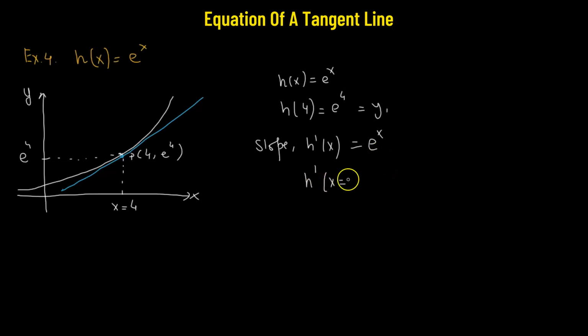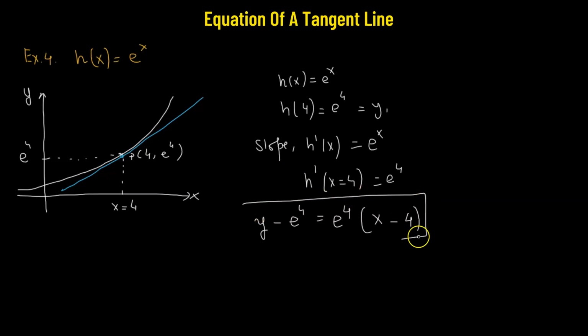So at x equals 4, we have e raised to the power of 4. So the equation of the tangent line will be y minus y1, so this is e raised to the power of 4, equals e raised to the power of 4, which is the slope, multiplied by x minus x1, which is 4. So this is the equation of our tangent line at that particular point P.